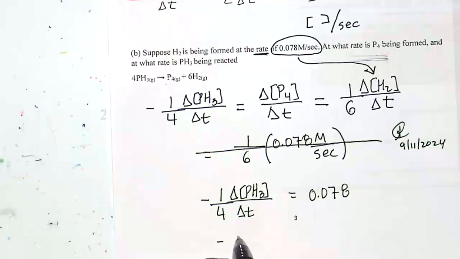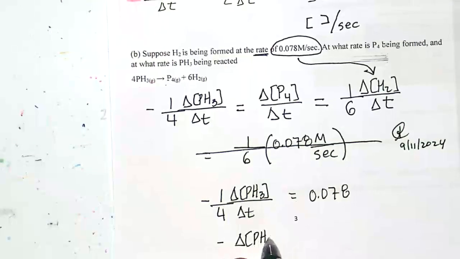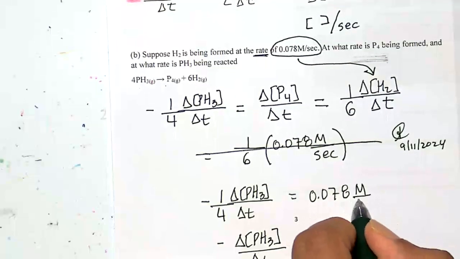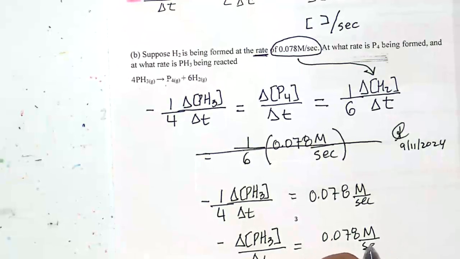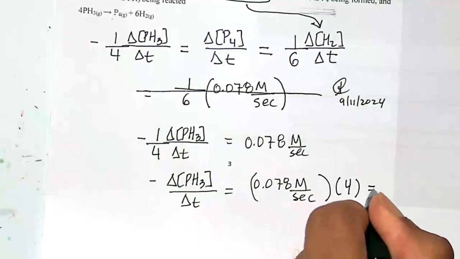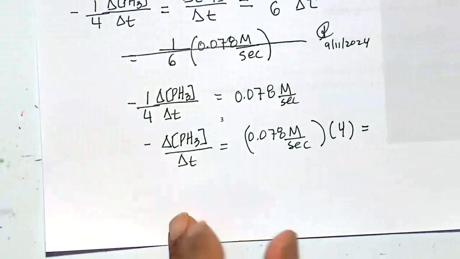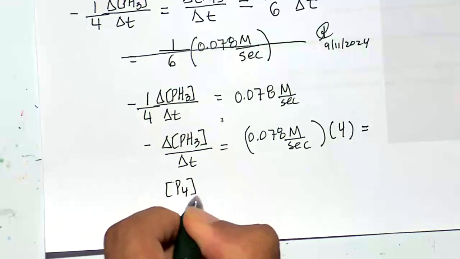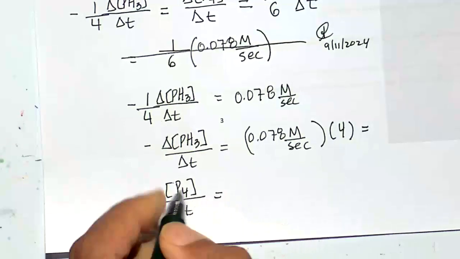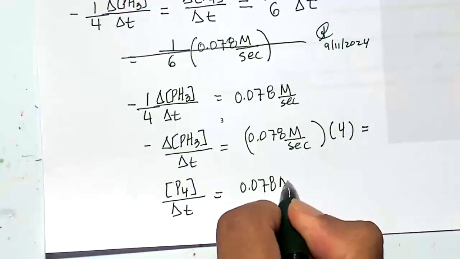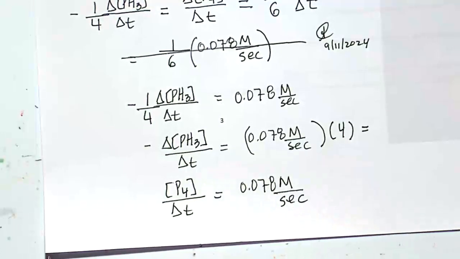So this delta PH3 over time will decrease at a rate of 0.078 molarity per second, times 4. This P4 will increase at a rate of 0.078 molarity per second.